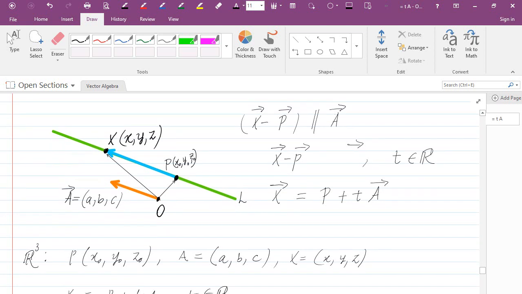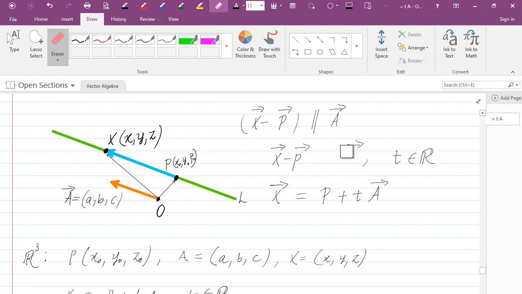Well, if we look at the vector PX, which would be given by X minus P, then clearly X minus P is a vector parallel to the straight line L, so it will be parallel to A as well.